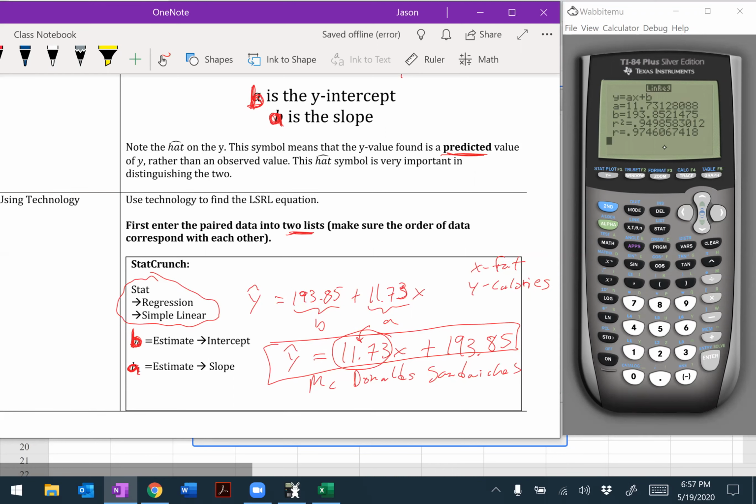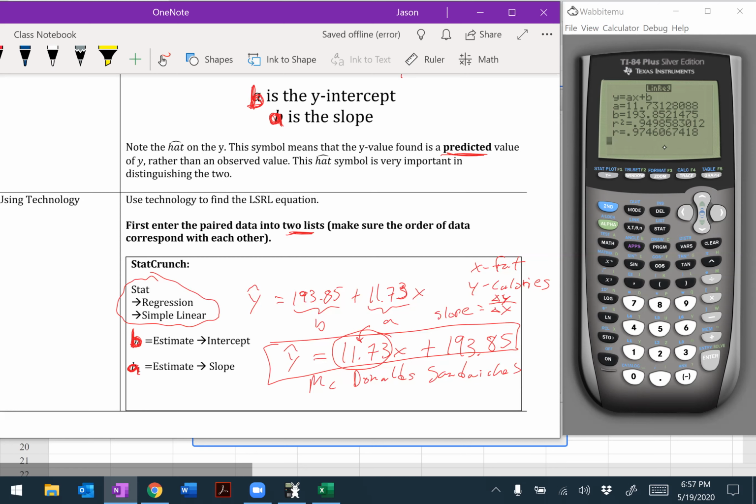So the x is the fat, the y value is the calories. What is slope? Slope is the change in y over the change in x. It's the y's over the x's. So it's the calories over the fat.